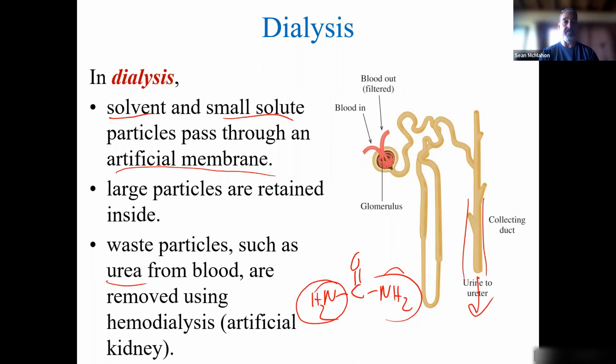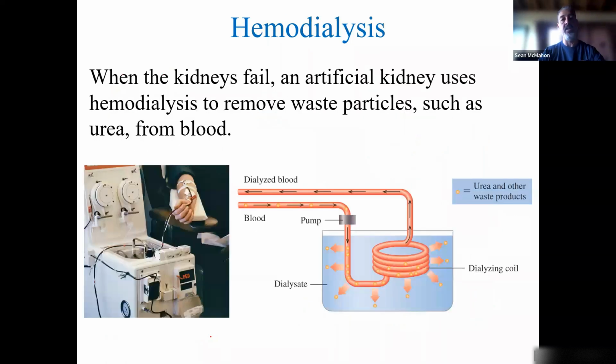So if you have a kidney that has failed, we need to perform what's referred to as hemodialysis. We need to do the job of what the kidney would do. So how would we do that? Well, if the kidney fails, you have to have your blood filtered.